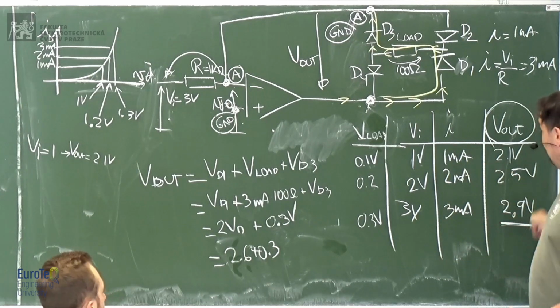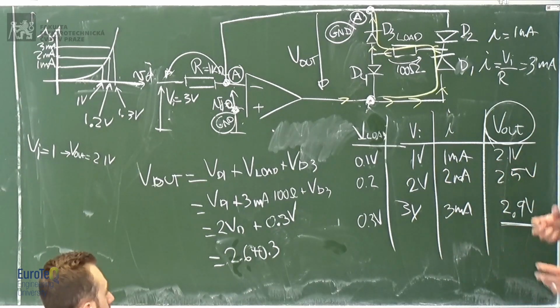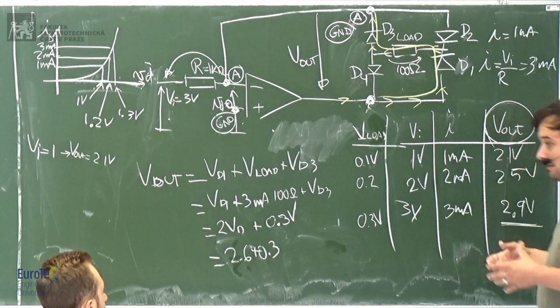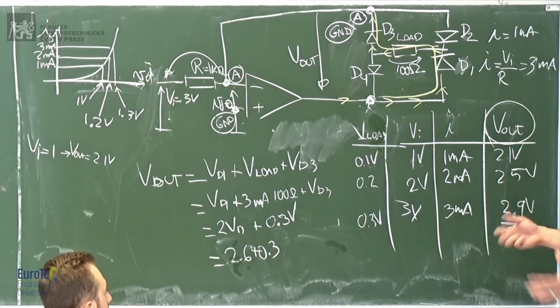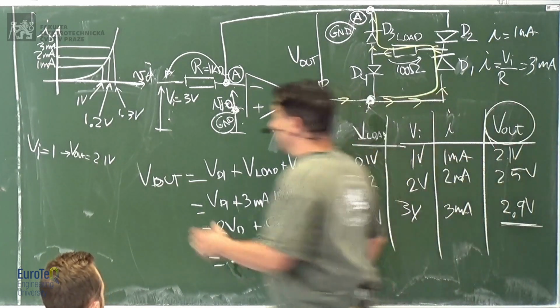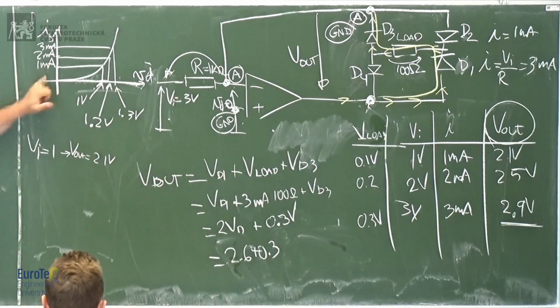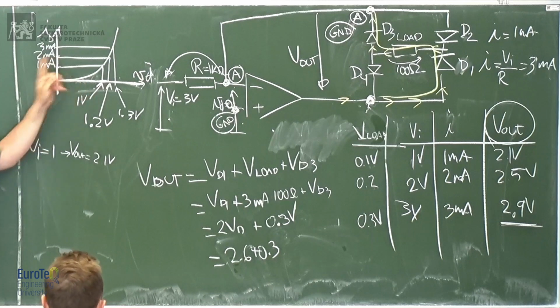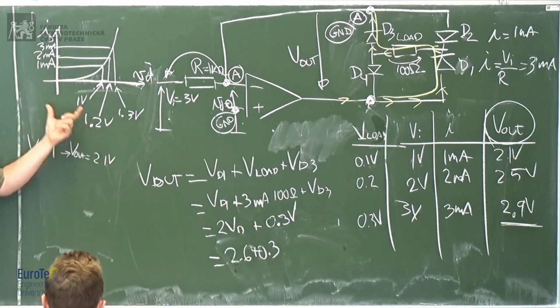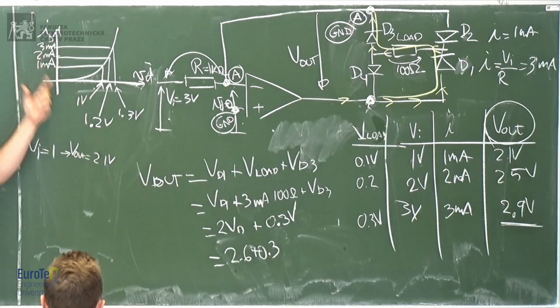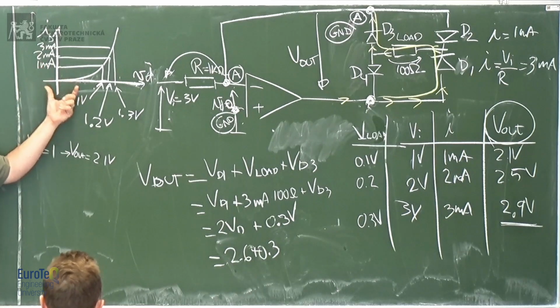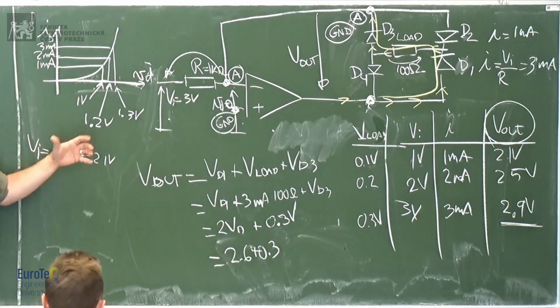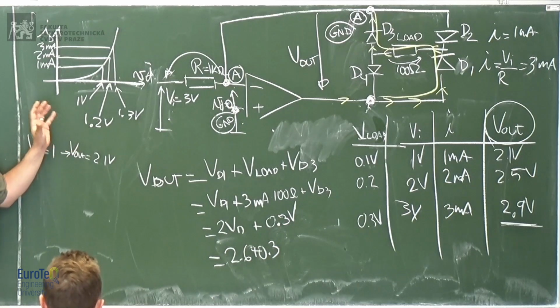And this voltage drop of the diode that it has to compensate is not linear. When you have 1 milliamp the voltage drop on the diode was 1 volt. When you have 2 milliamps, 1.2 volts. 3 milliamps, 1.3 volts. It's not linear, it's not the same.